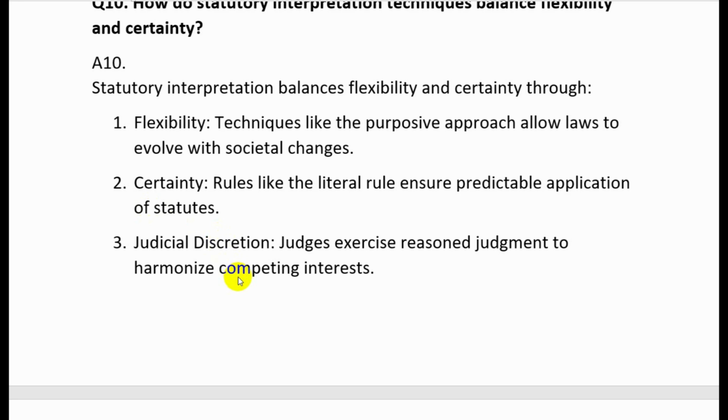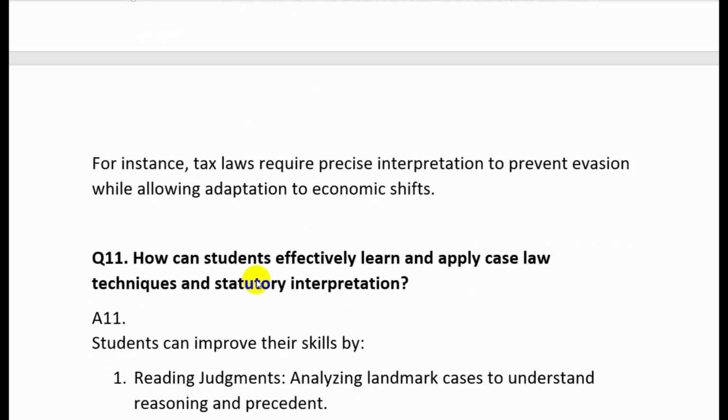Judicial discretion. Judges exercise reasoned judgment to harmonize competing interests. For instance, tax laws require precise interpretation to prevent evasion while allowing adaptation to economic shifts.